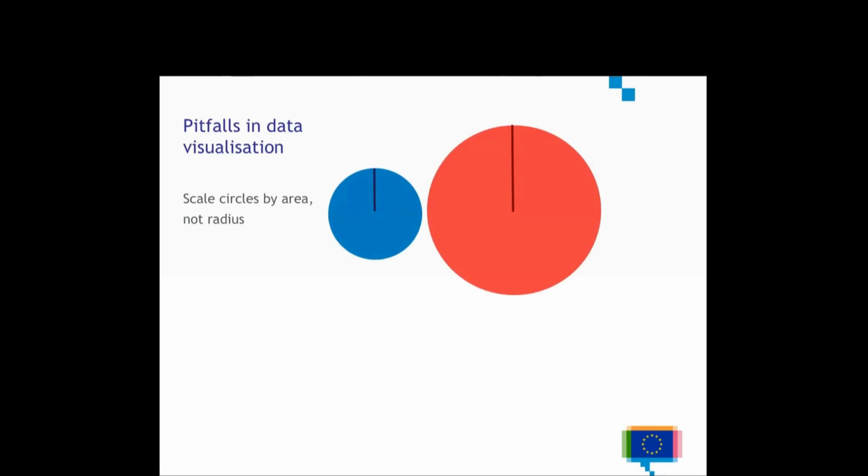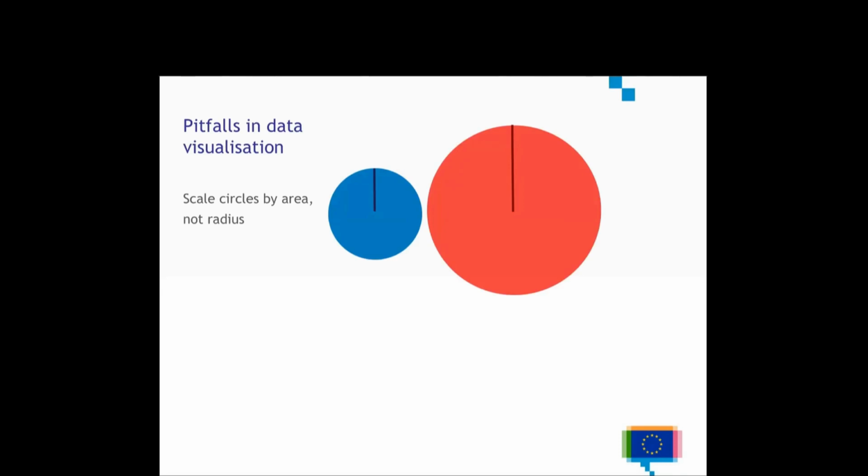What happened here was that the author of this visualization mapped the data to the radius of the circle, but the area of the circle is determined by the formula pi times r squared. So you are squaring the differences between the two values that are shown here.